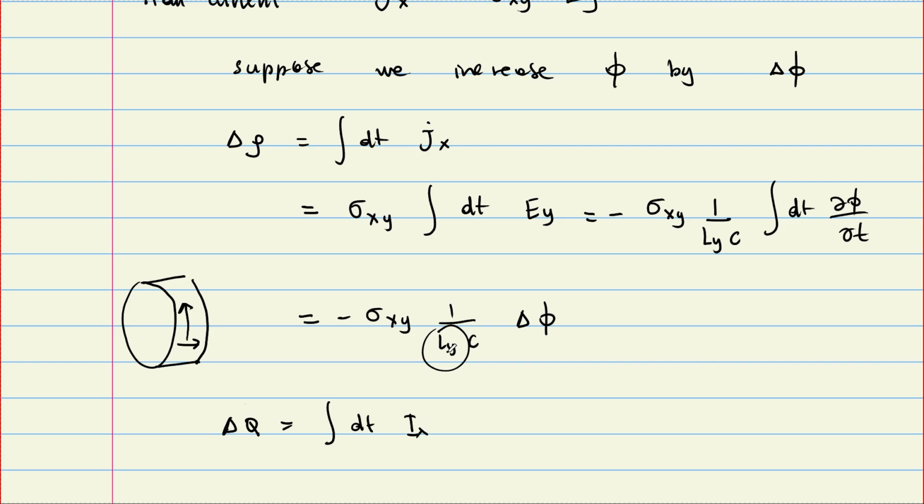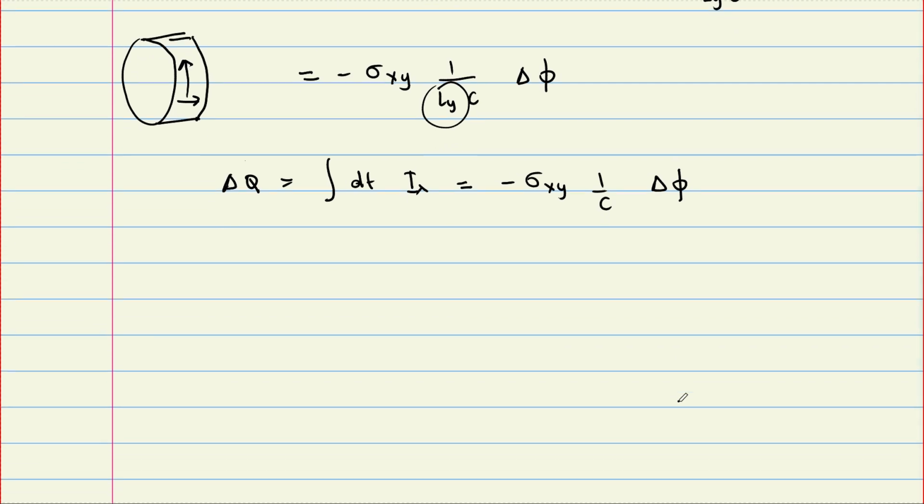I just took this and multiplied by Ly. Jx times Ly is going to be the total current along the cylinder, and I just rewrite this as sigma xy 1 over c delta phi.